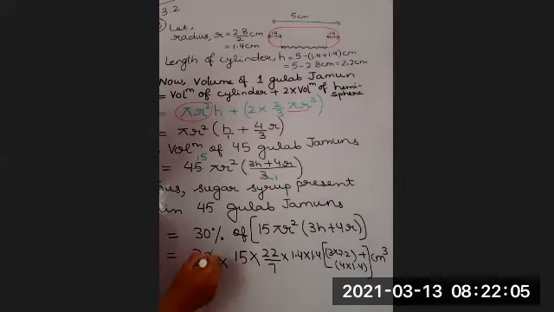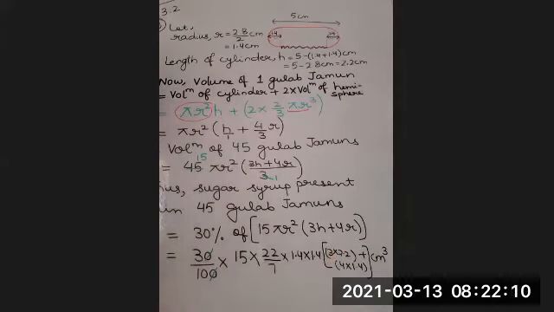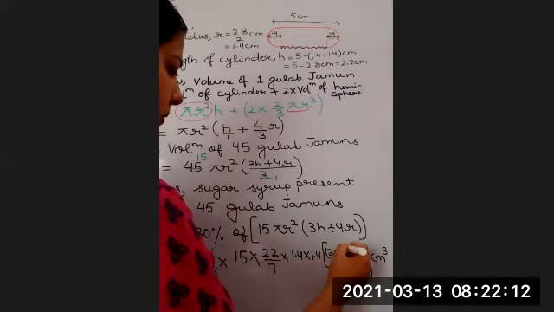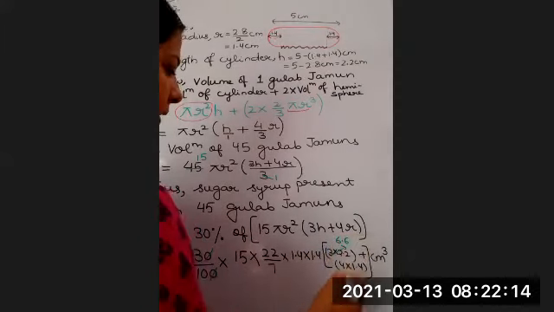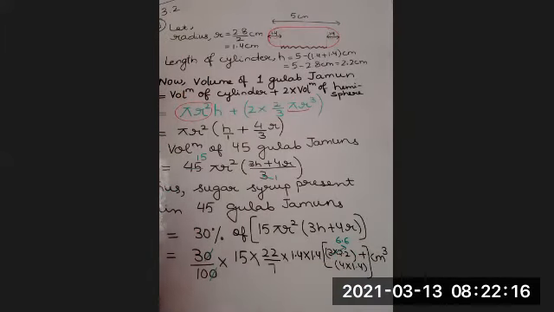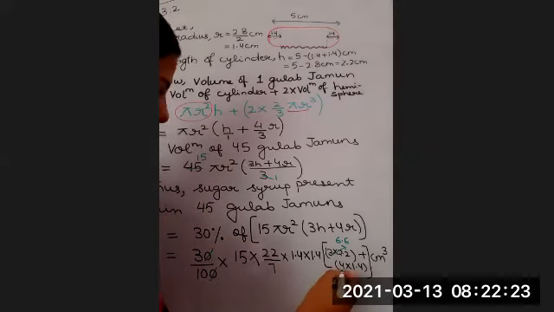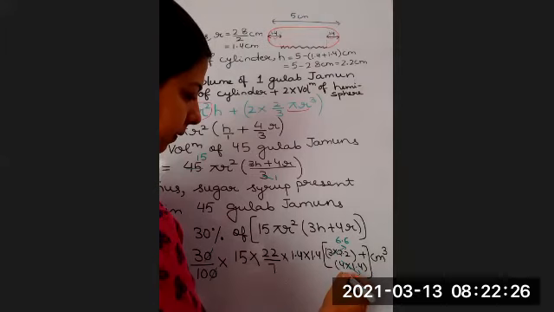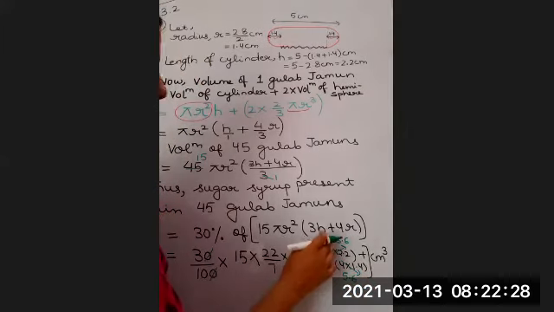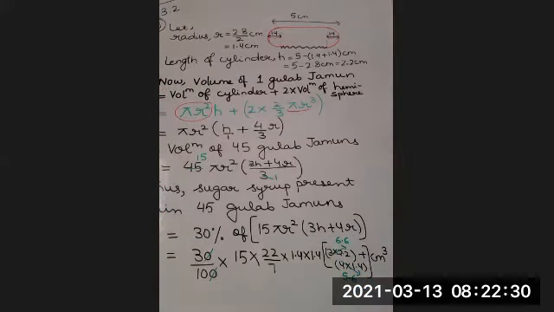Zero and zero cancel. Now here can you see what is 3 into 2.2? This will be 6.6. And 1.4 into 4, 5.6. And 5.6 plus 6.6 will become 12.2.